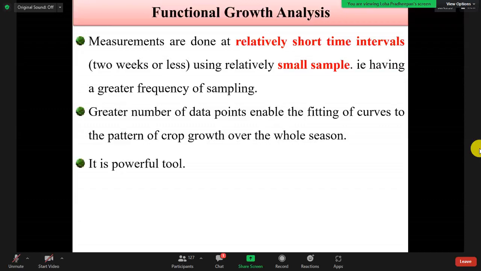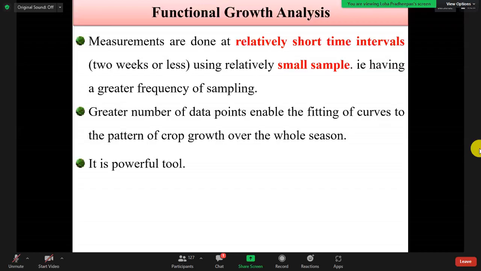So for that type of example, a 4 month or 3 month crop, if we take a sample at every 1 month interval, and we want to get the dry weight versus time period graph, the growth graph, only 2 or 3 points can be obtained. So it won't give good information regarding the growth of the plant. So that is the classical approach.